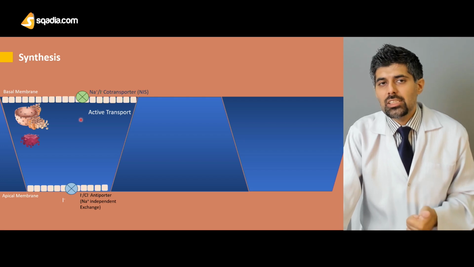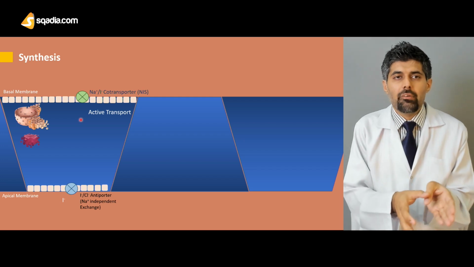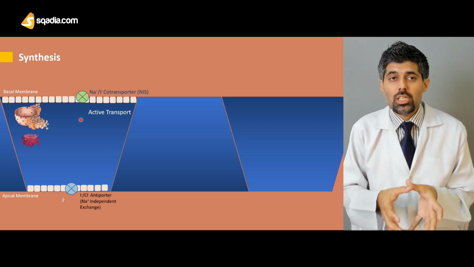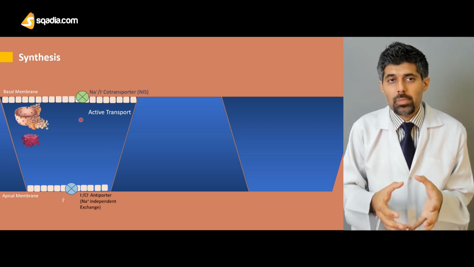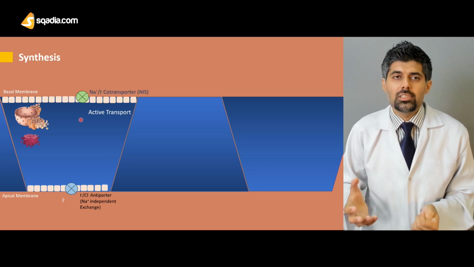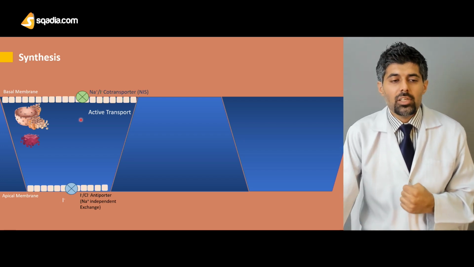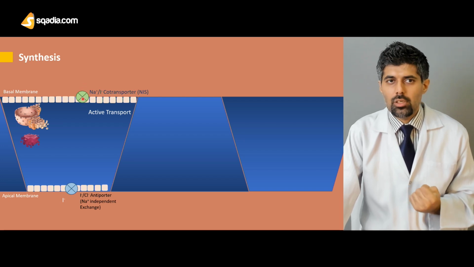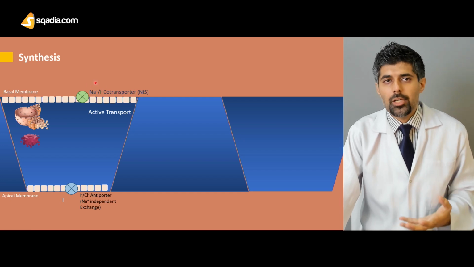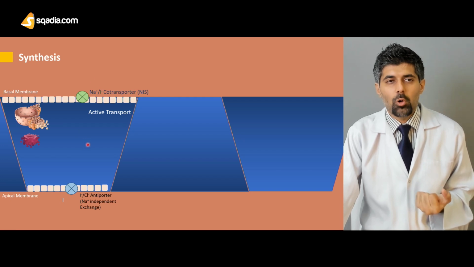Now, as the name suggests, both iodine and sodium move in the same direction, and it is an active transport, that it requires energy, that it requires the usage of ATP. And this transporter is sometimes also labeled as NIS, or sodium iodide symporter, that there is no cross transportation here. For every 2 sodium, 1 iodine or iodide ion is transported from the blood inside the follicle.